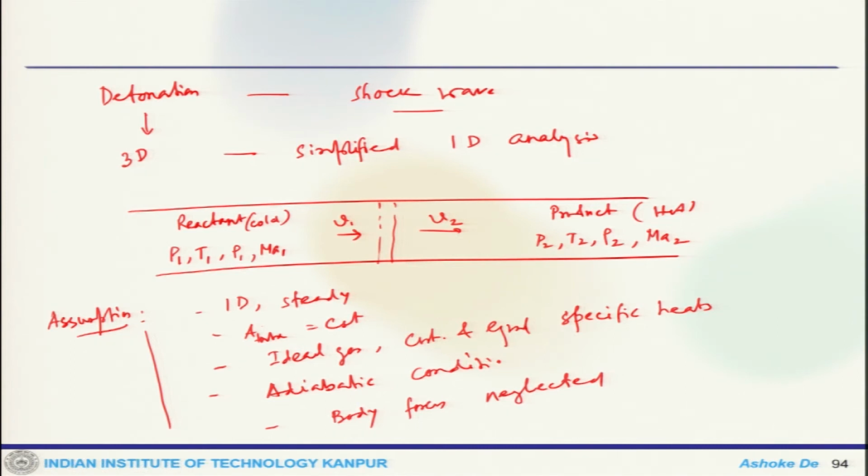First thing that one would like is the mass conservation. So, the mass conservation, you get m dot equals rho 1 V1 equals rho 2 V2.